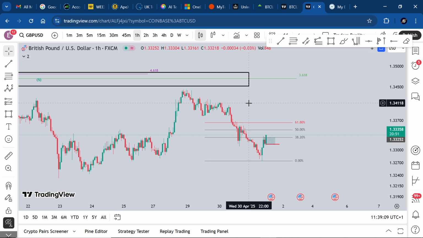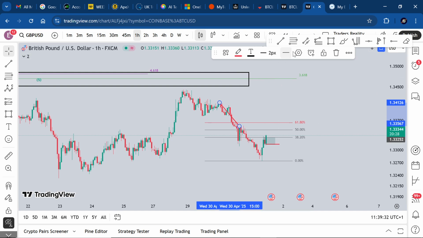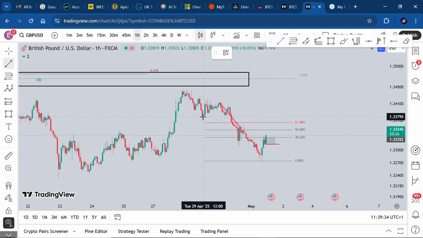If it's not something corrective, it could only be a leading diagonal. But for a leading diagonal, this can't be 1, 2, 3, 4, 5 because the third wave is longer than the first wave. Yeah, it's not impossible, but it's rare that the third wave is longer than the first wave, and it's substantially longer than the first wave as well, which lowers probabilities more for me.